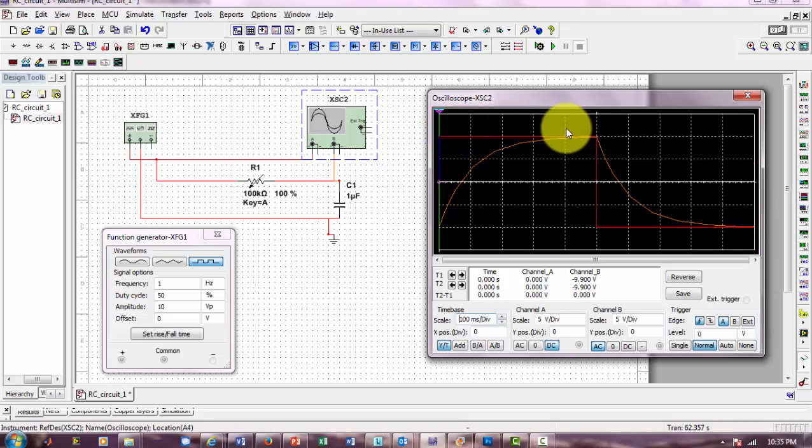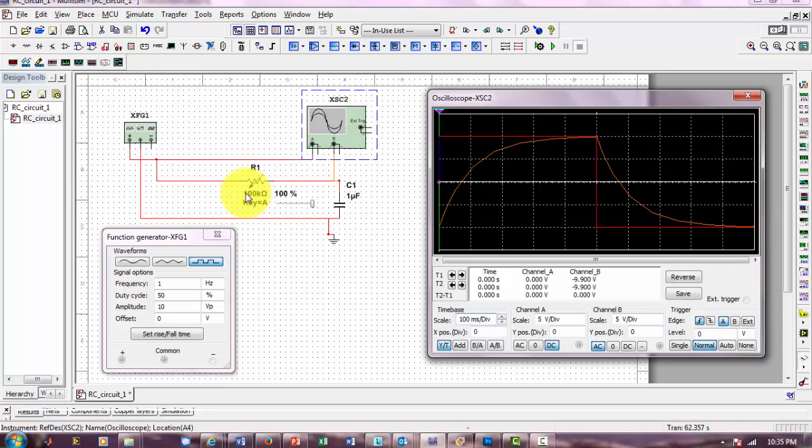So it's 50% high and 50% low. Now what we're going to do is measure the voltage across this capacitor, and this is represented by this orange line. You could see that it takes time to charge up this capacitor, but we get there to 10 volts. And then to discharge the capacitor to minus 10 volts.